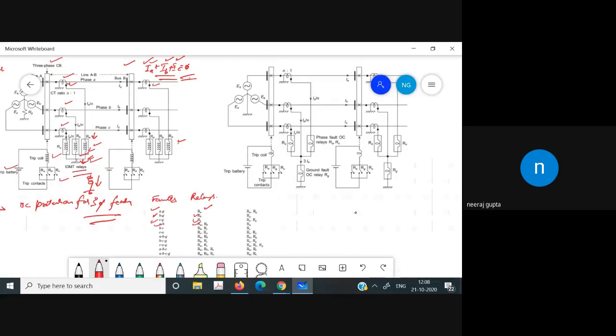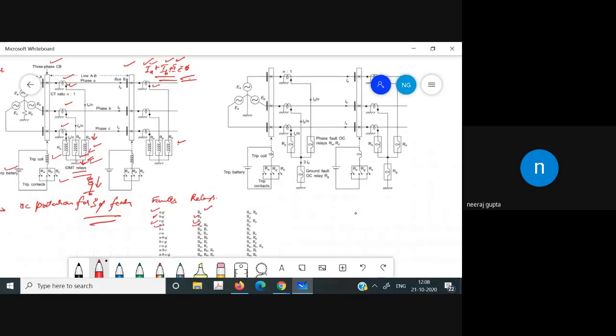So how do we modify it? We use the ground fault overcurrent relay. This ground fault overcurrent relay gives us the value of the residual current in that case.